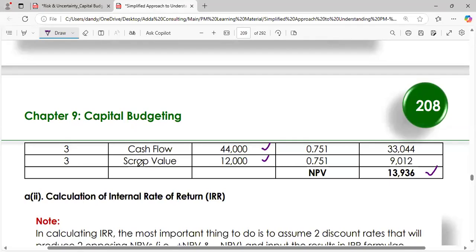It's not attainable in the market. The difference between the two discount rates you assume should not be more than 5%. If your first discount rate is 5%, you can increase to 10%. If the first is 10%, you can increase to 15%. If the first is 15%, you increase the second to 20%. You can't just increase from 10 to 20 or from 20 to 30.